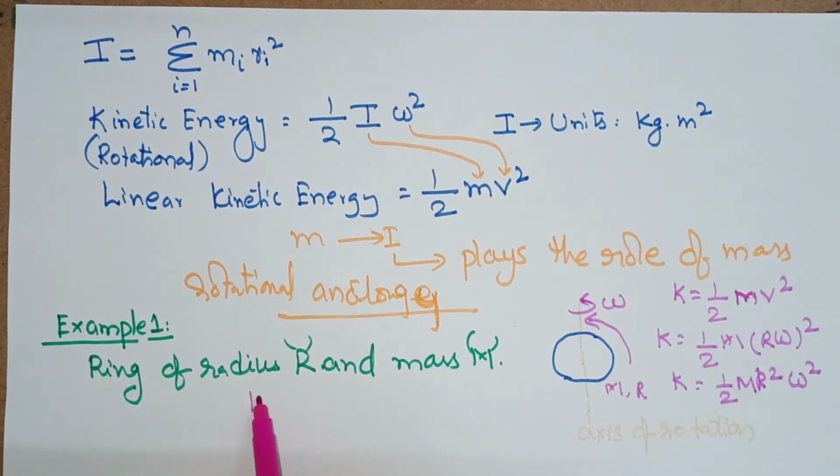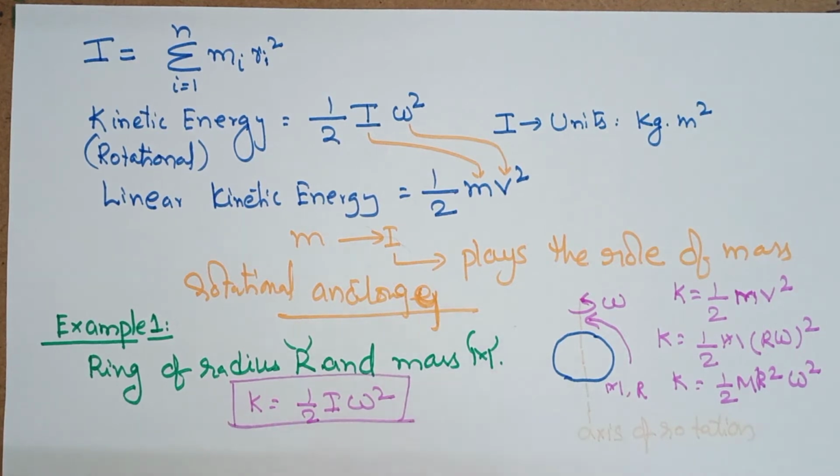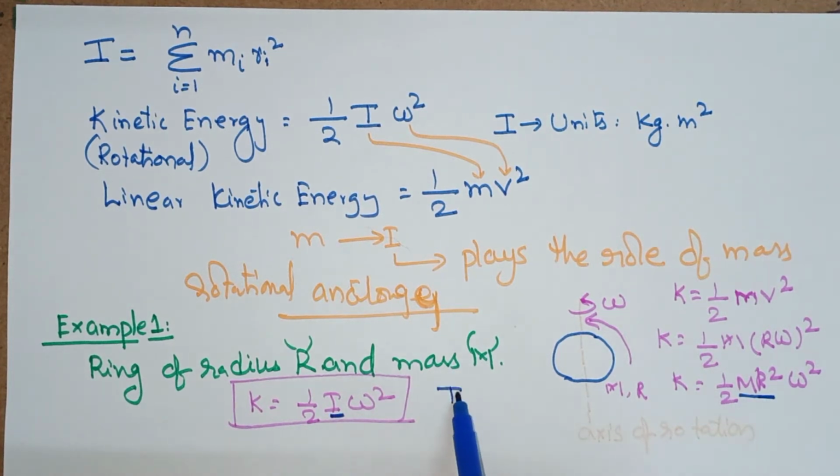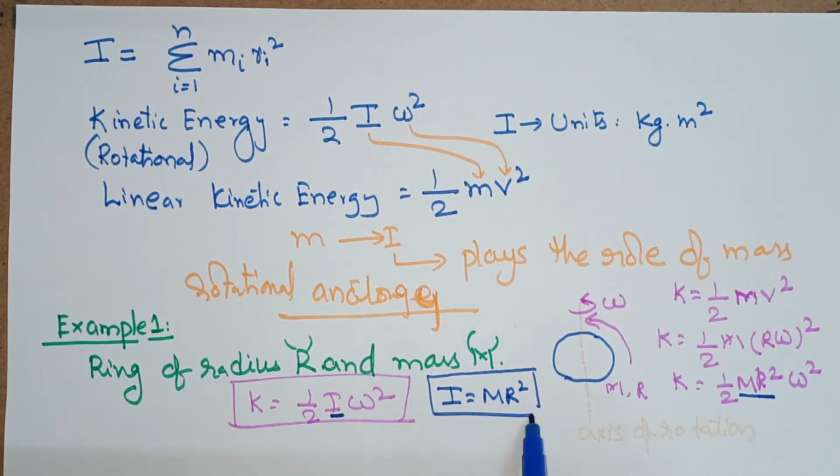So kinetic energy is equal to half I omega square. Comparing, I is equal to M r square. So the moment of inertia is independent of omega.